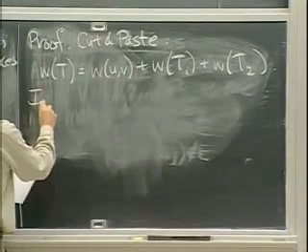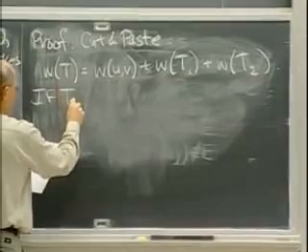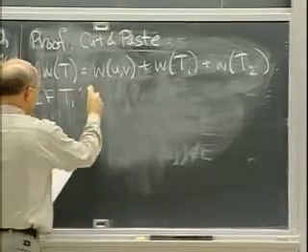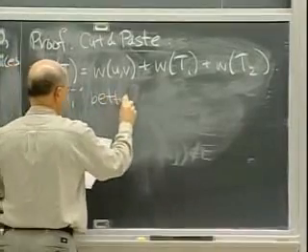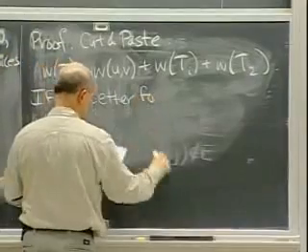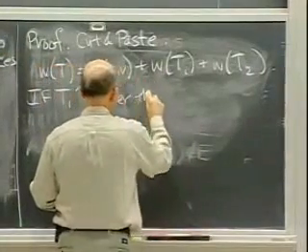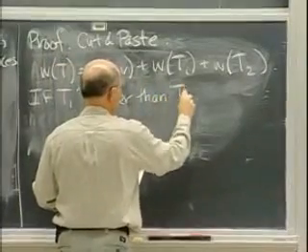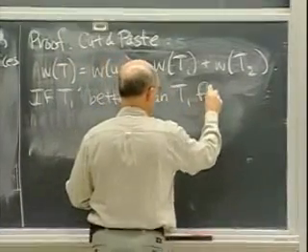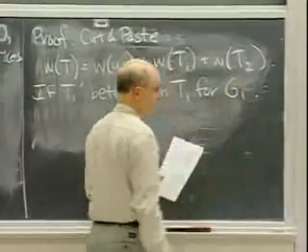So the argument is pretty simple. Suppose that there were some T1 prime that was better than T1 for G1.